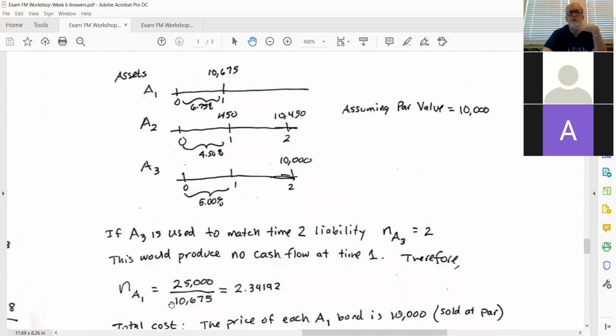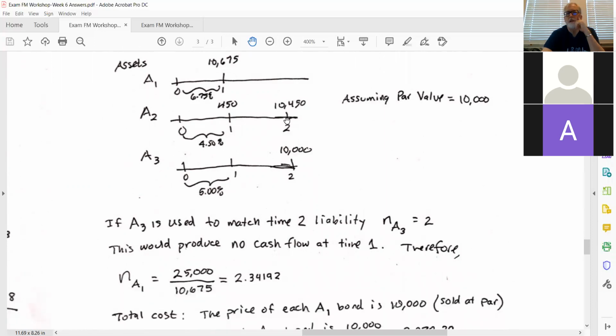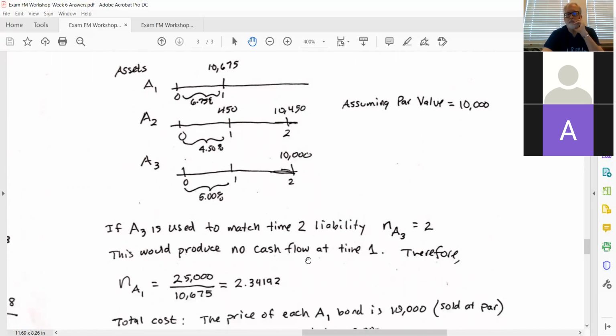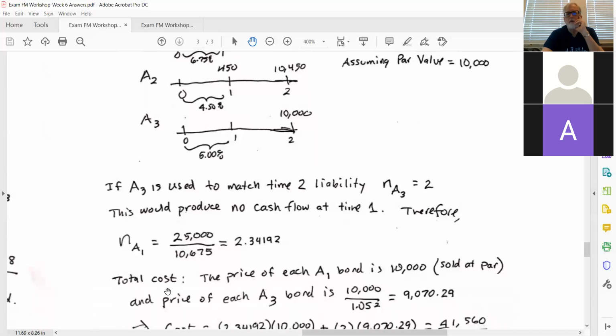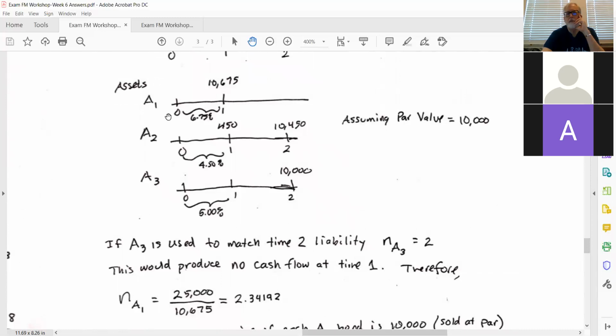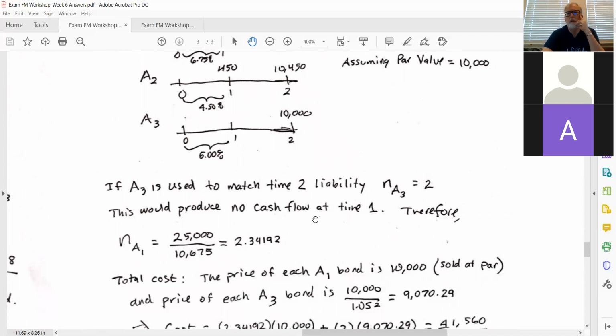So 25,000 divided by that, we would need 2.34192 of the 1-year bonds if we're using the 0 coupon bond to match the liability. And so the total cost, well, since each of A1 and A2 were issued at par, you don't have to calculate the price again. Since we assume 10,000 is the par value, that's also got to be the present value.